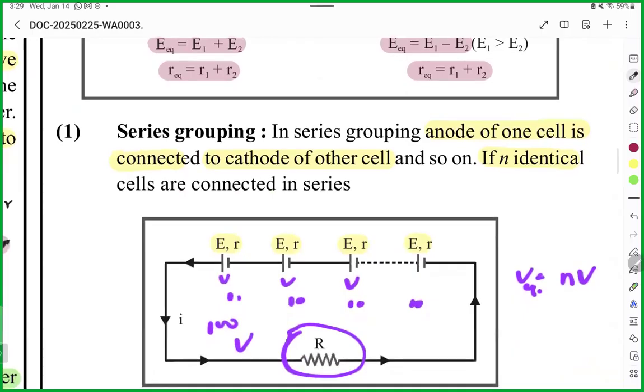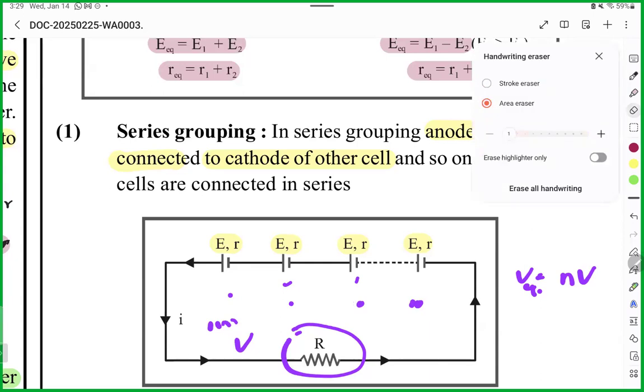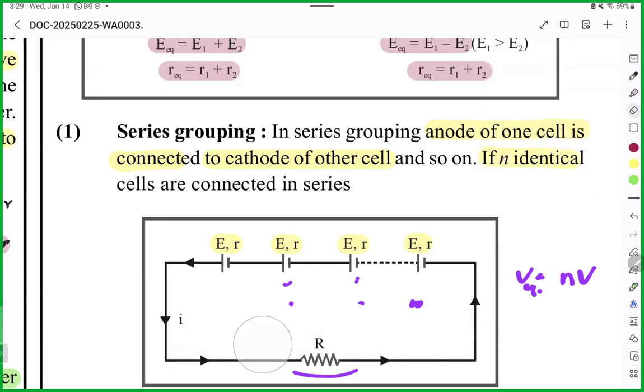Look at this. In this case, if the anode is connected to the cathode of the other cell, what is the anode, Sarah? Anode is positive, sir, and cathode is negative.